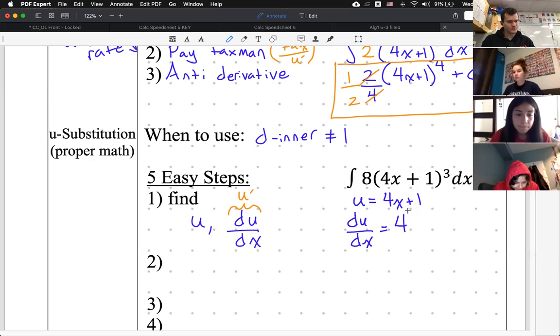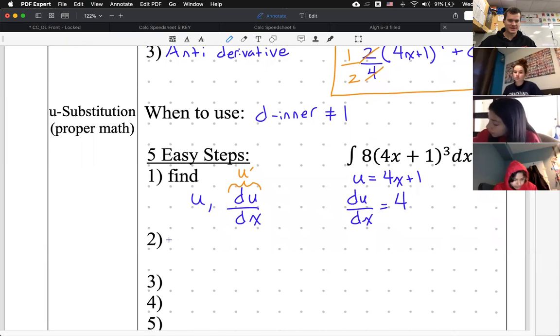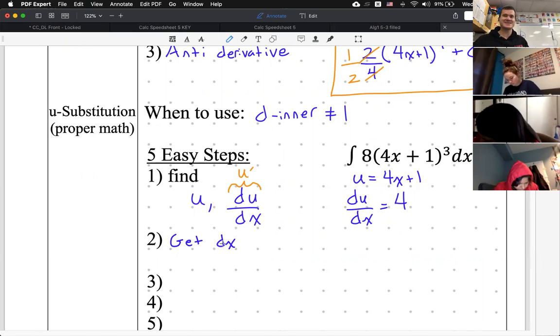All right. So that was step 1. What is step number 2? Step number 2 is to get dx, or to solve for d of x. Get d of x by itself. So how do we isolate for d of x? The easiest way to do that is to cross multiply. And notice that 4 is not a fraction, so let's make it a fraction.